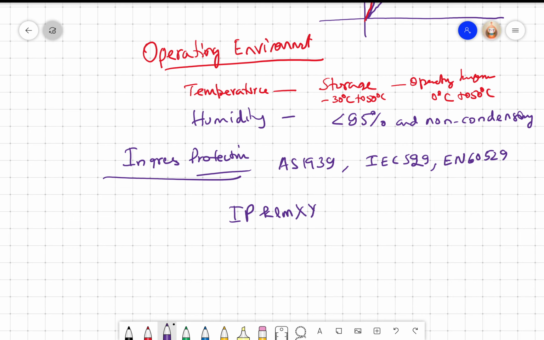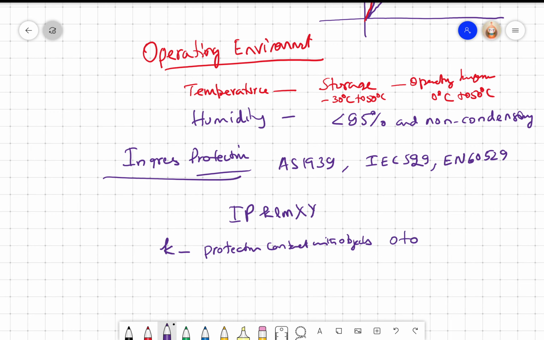So here K is protection against, or ability to work against, contact with objects, right? And the value can go from 0 to 6.